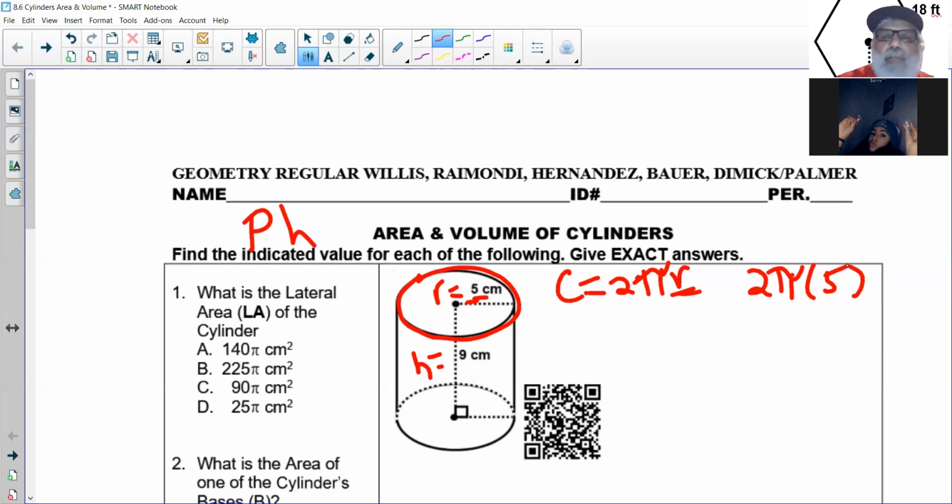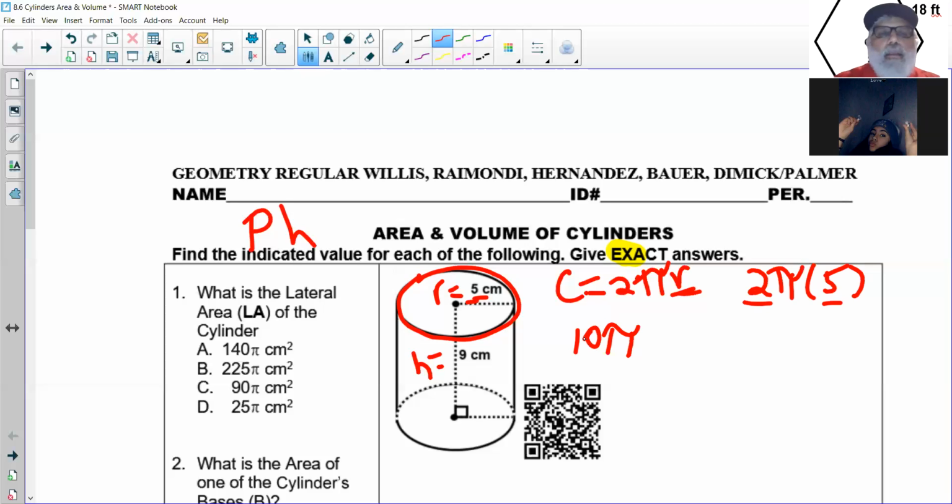Now remember, since they want the exact values means that we are going to keep pi in there. So my answer for the perimeter is going to have pi in it. So the only thing you have to do is 2 times 5, 10.